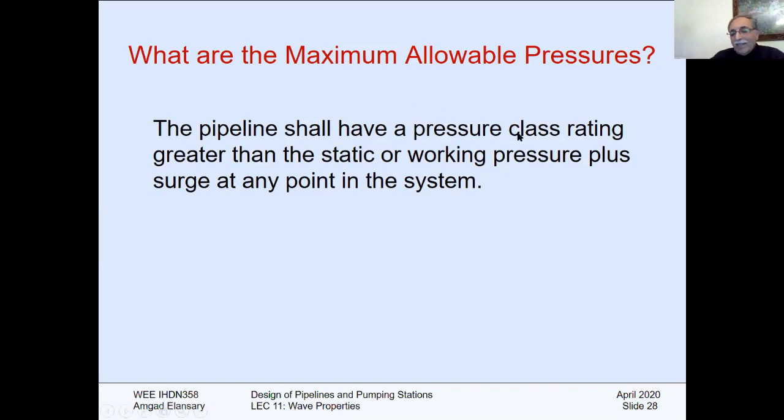For example, if the pressure class rating for the pipe is 10 bar, so this is the class rating for the pipe. The pipeline shall have a pressure class rating greater than the static or working pressure in addition to the surge at any point in the system. So please keep this in mind: your pressure class rating must be greater than the static or working pressure plus the surge at any point of the system.